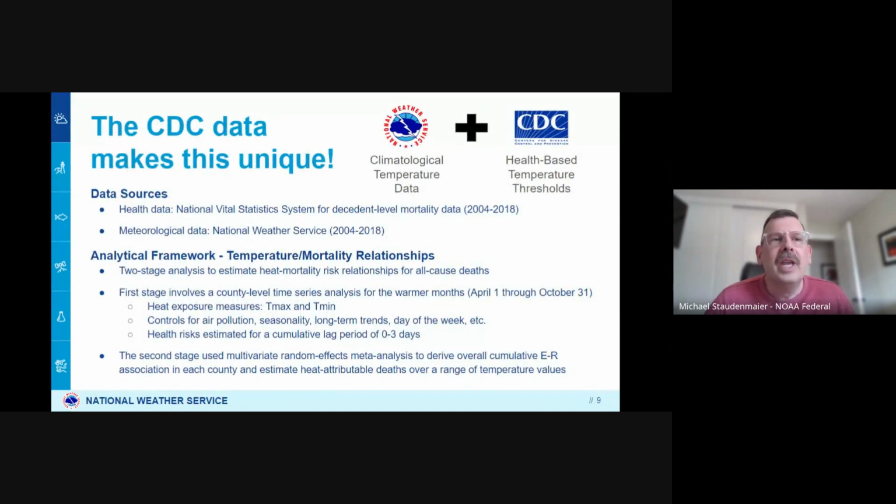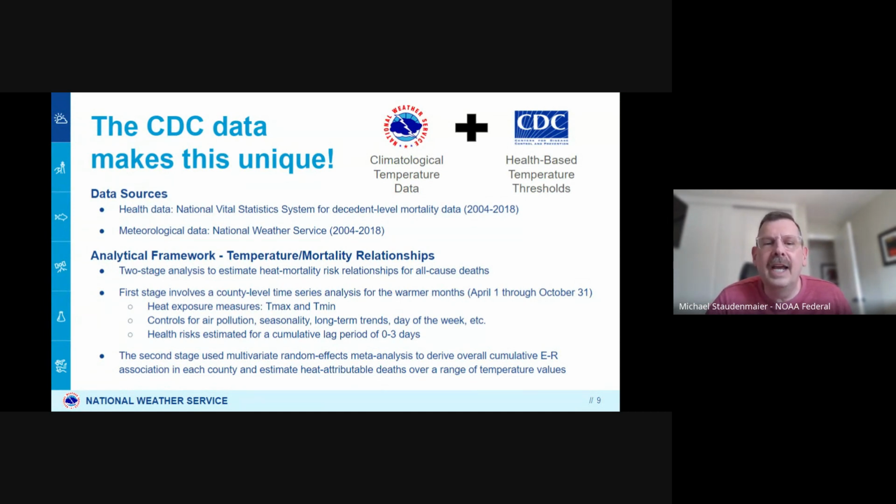All right, so this isn't my particular area, but we need to talk a little bit about the CDC heat health relationship data. While the roots of HeatRisk began as a purely climatological framework in 2013, in 2018, we began working with the CDC to incorporate actual heat health impacts into the approach.